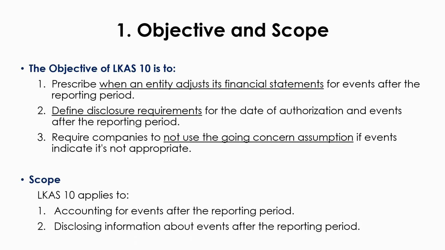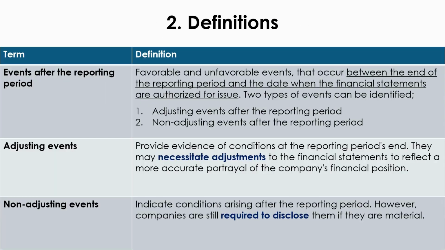So this includes identifying and assessing the nature and impact of the events after the reporting period, determining whether adjustments to financial statements are necessary based on the event's nature and its relation to conditions existing at the end of the reporting period, and disclosing relevant information about these events, even if they don't directly affect the financial statements, to provide users with a more complete picture of the company's financial health. So let's move on to our next slide now.